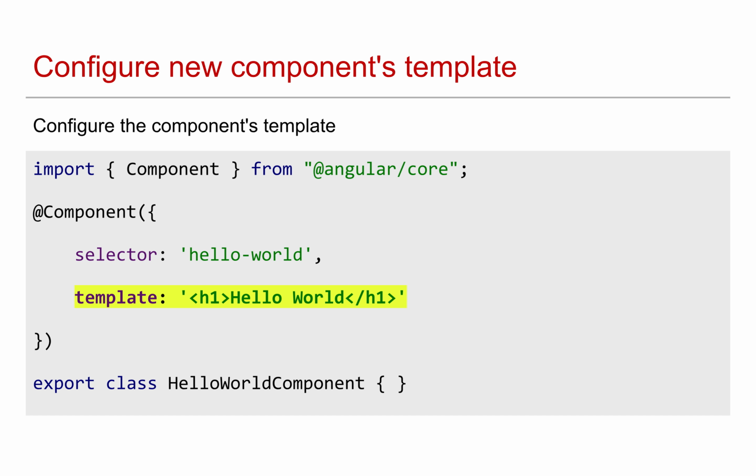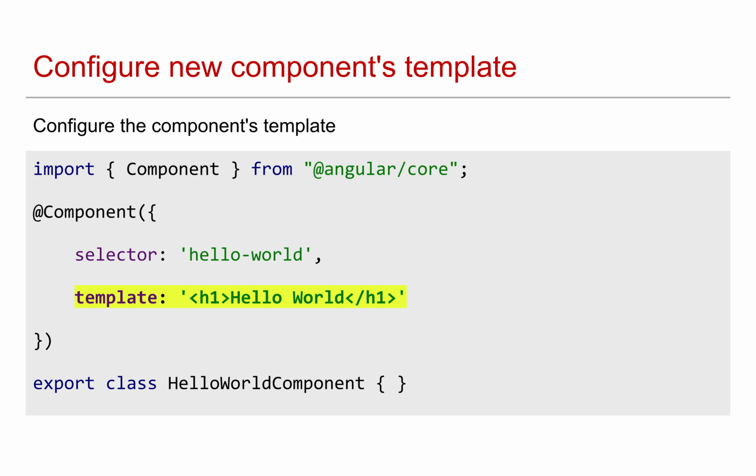You can also put in here the HTML that will be rendered. You can either hard code it right here in the component and give it an HTML snippet, or better yet, you can refer to a file. So you can give it a template URL and tell it what file has my HTML, and use that instead.